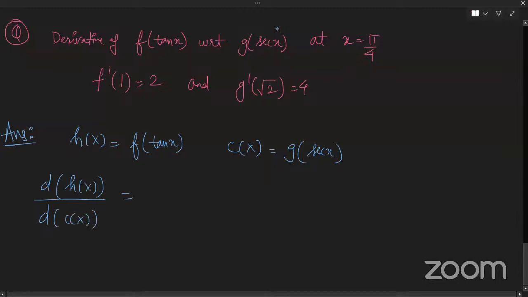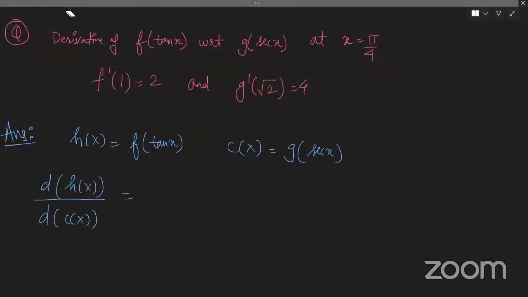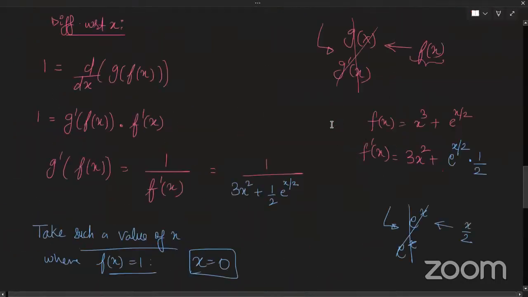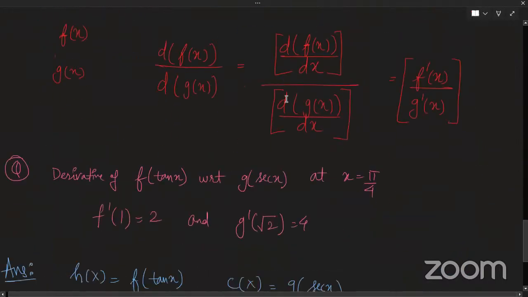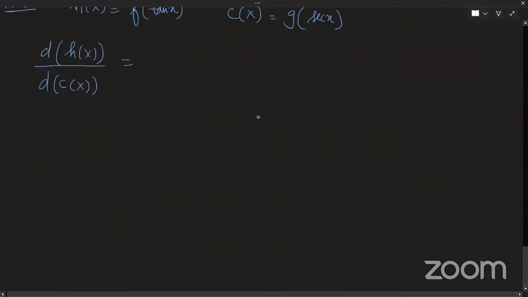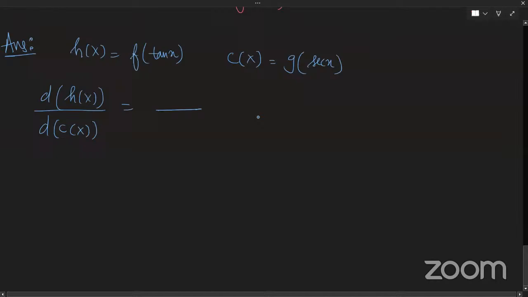As you can see, I need to differentiate h of x with respect to a function, not with respect to a variable. So I can apply the same trick that we have just done. If I divide the numerator and denominator both by d of x, I'll get h dash x divided by c dash x.